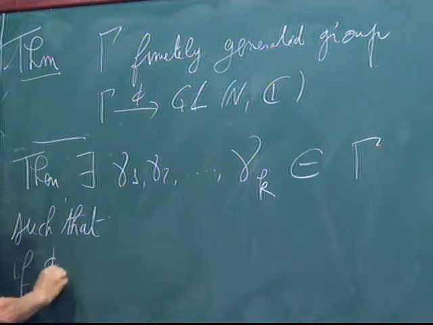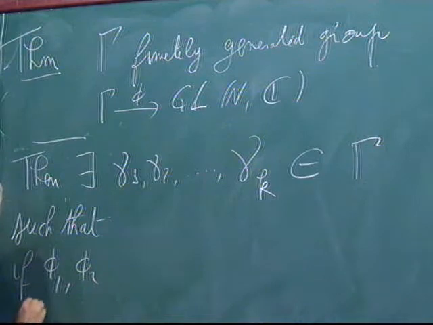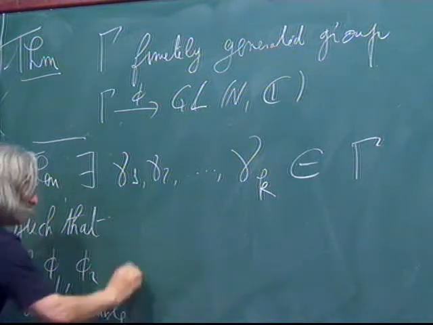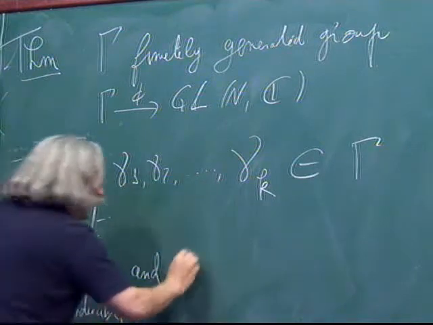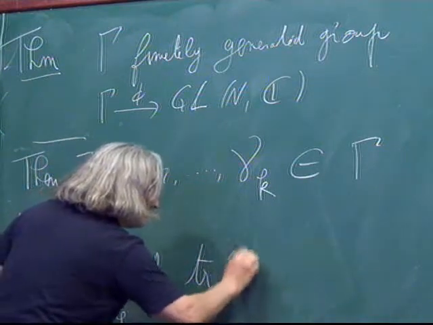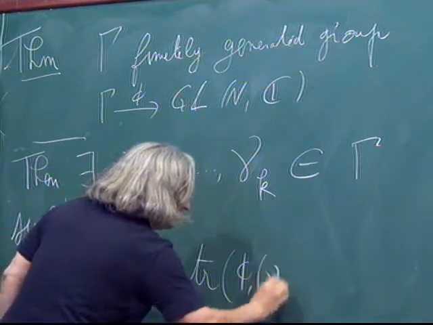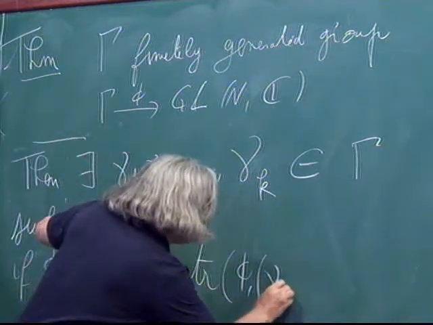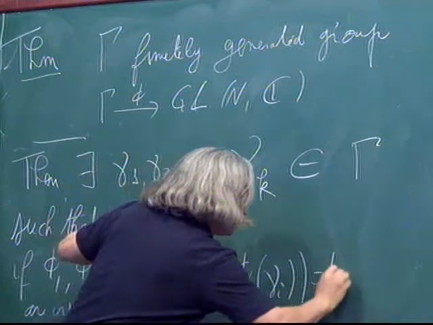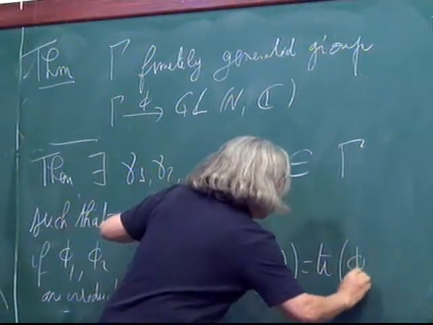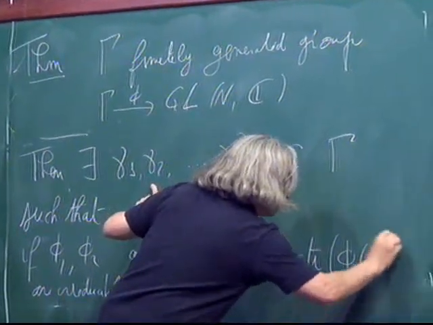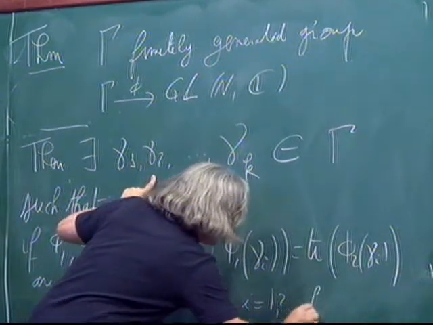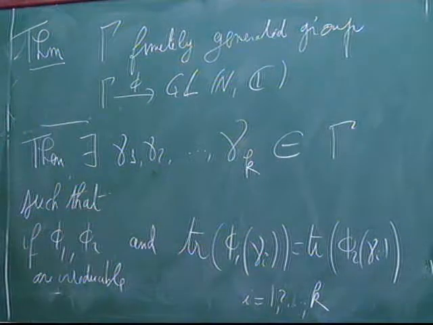Such that if phi 1 and phi 2 are irreducible and have the same traces, not over all elements in gamma, but over this finite set of elements, then they have the same trace for all elements.